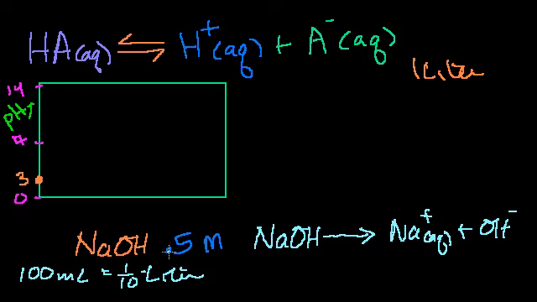So it says, I'm going to have half a mole of hydroxide ions for every liter. So in 1/10 of a liter, I'm going to have half of that. So I'm going to have 1/20th, or 0.05 moles. So let's say this point right here is 100 milliliters.